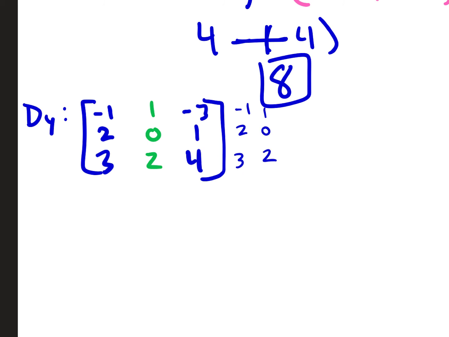So start by multiplying our majors. So negative 1 times 0 times 4 is 0. Then 1 times 3. And then negative 3 times 2 times 2.